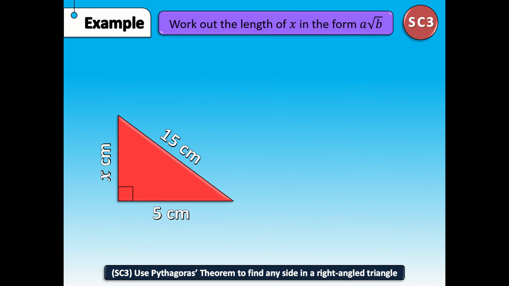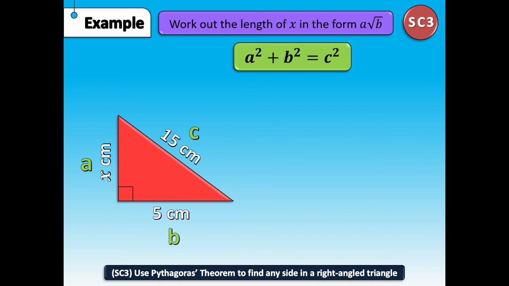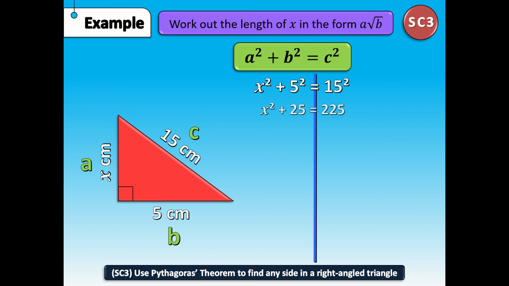Here's another example. This time we're going to leave our answer in surd form. So we're going to use Pythagoras' theorem, and remember C has to be opposite the right angle, so that side is C, and the other two can be A and B. So we've got x squared plus 5 squared equals 15 squared. 5 squared is 25, and 15 squared is 225.